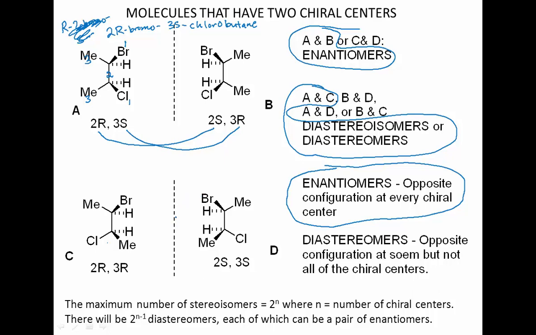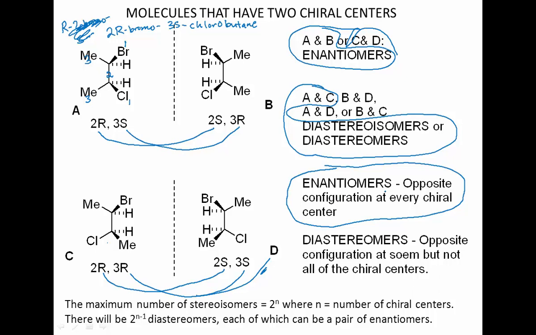In the mirror, C sees molecule D. Again we see this opposite relationship at every chiral center when we have enantiomers. C and D are also enantiomers, and again, they have the opposite configuration at every chiral center.